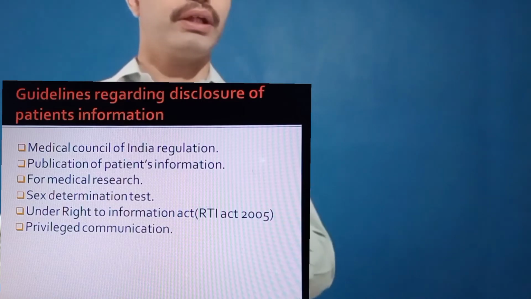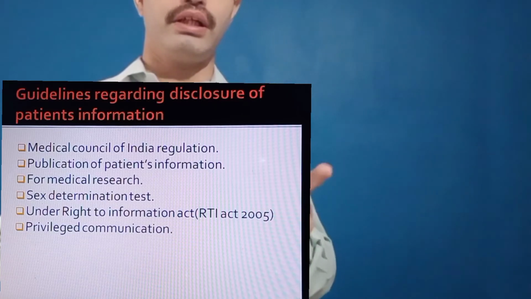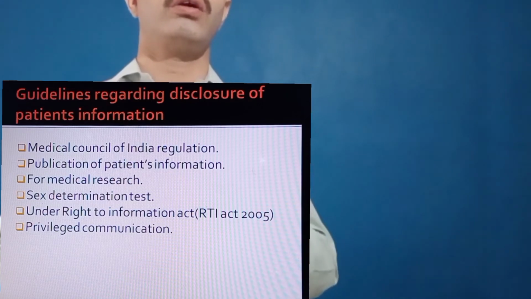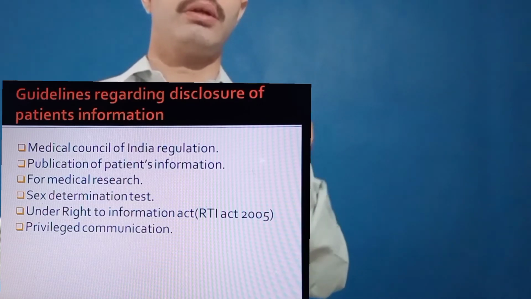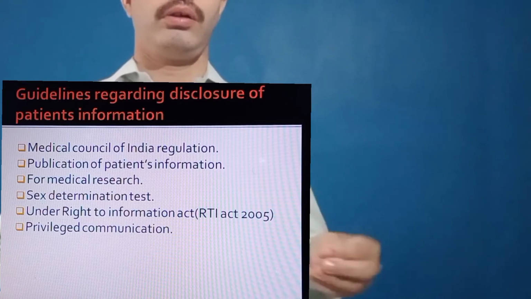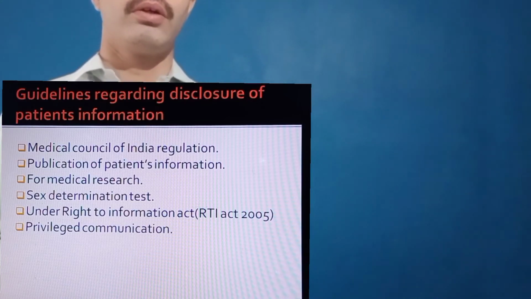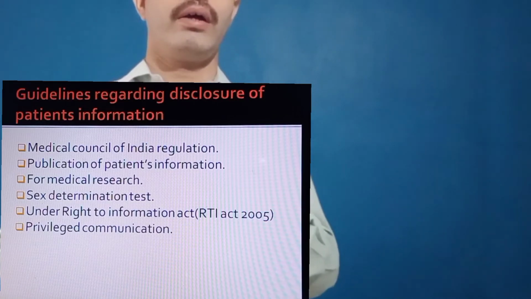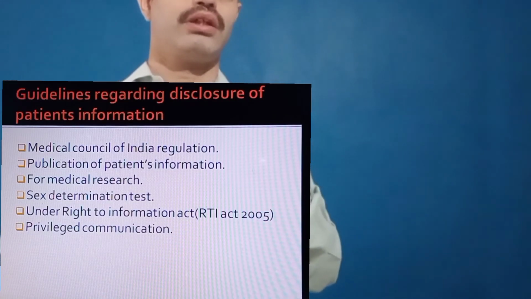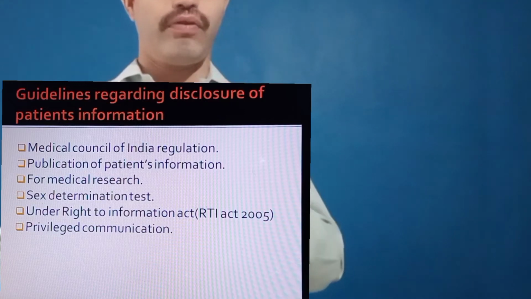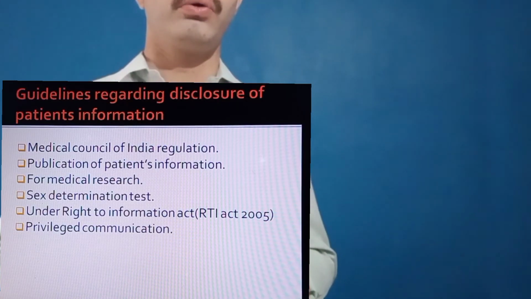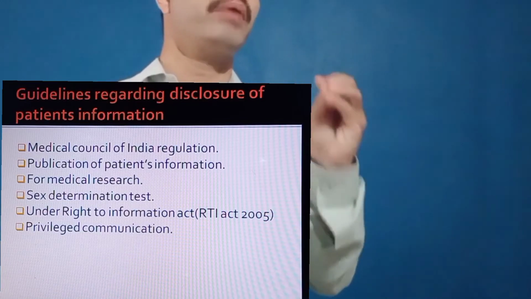It is strictly prohibited, as you know, under the PCPNDT Act, also under the MTP Act 1971, and also under Section 7, subsection 6 of the MCI regulation. So you should take the precaution that in no way should sex determination or the information regarding the sex of the fetus be revealed to anyone else by any manner.